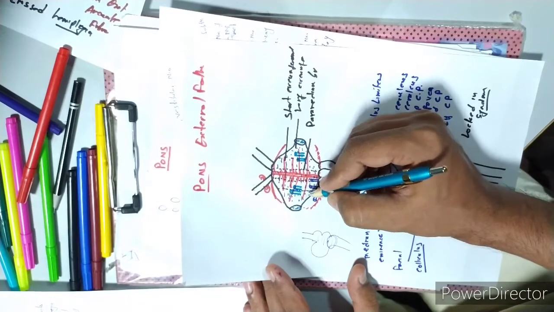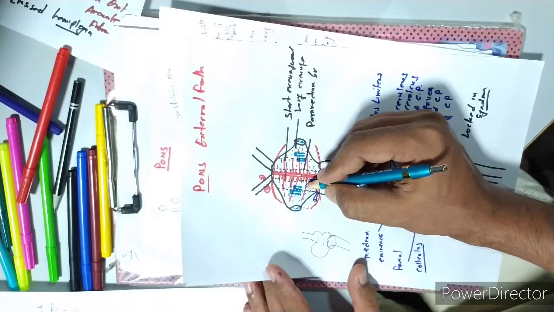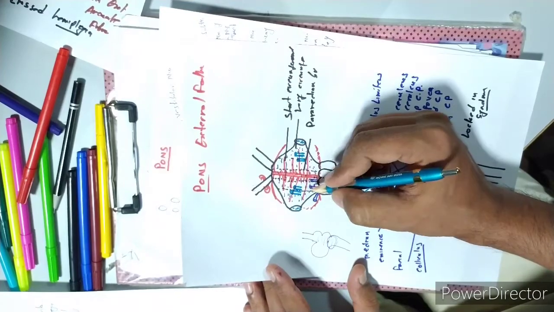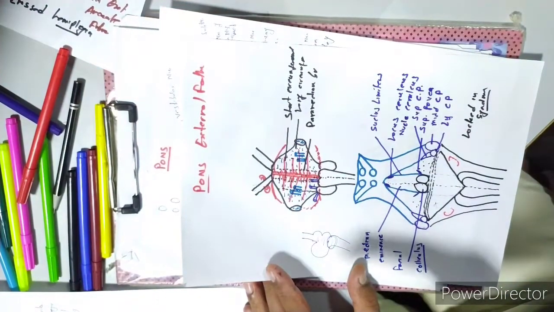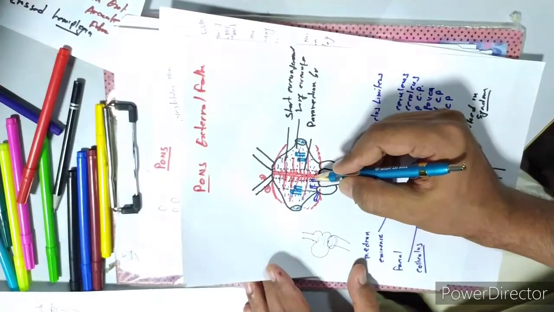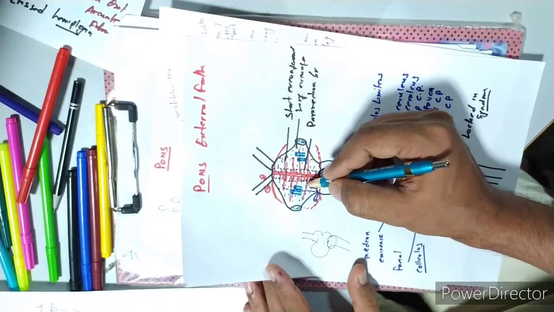Further upward, the nucleus and the tract of the trigeminal nerve are damaged, and the spinal lemniscus is damaged. So pain and temperature of the same side of the face is lost, and pain and temperature from the lower half of the body of the opposite side is lost due to damage of the spinal lemniscus.